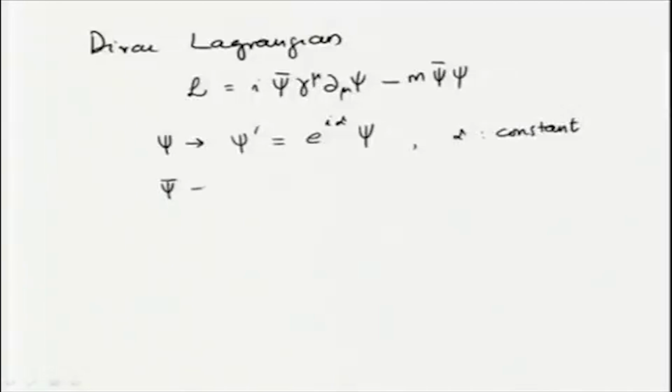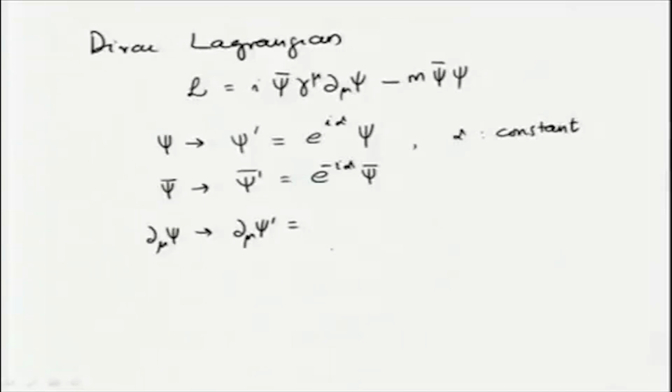Psi bar will go then as e power minus i alpha psi bar. And the other element in the Lagrangian is the derivative of psi. Derivative of psi will go to derivative of psi prime.